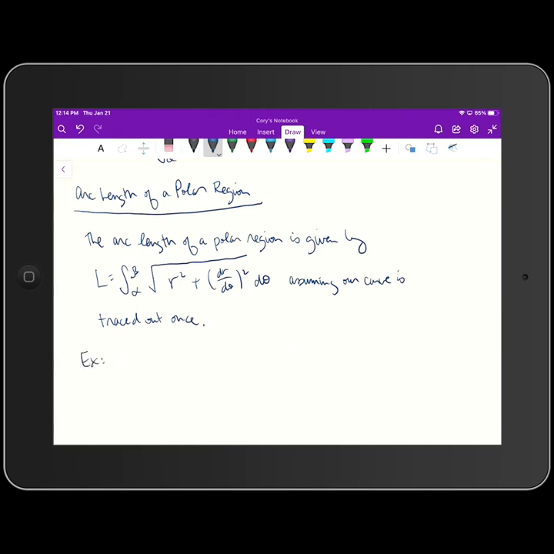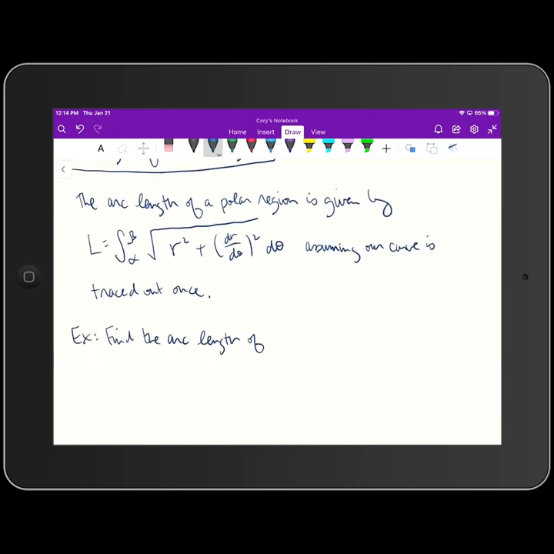The directions here ask us to find the arc length of the curve r equals 6 minus 6 times the cosine of theta, for theta values between 0 and 2 pi.